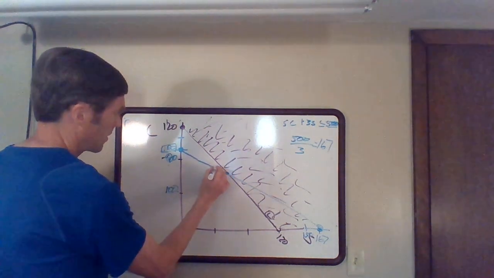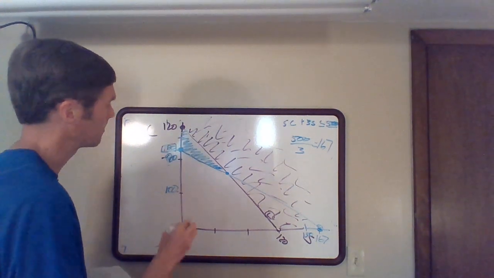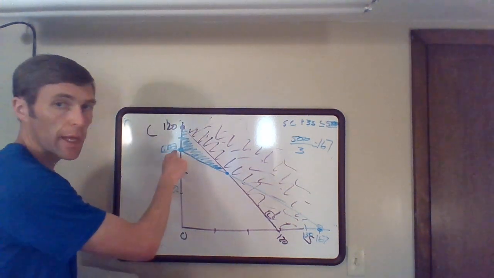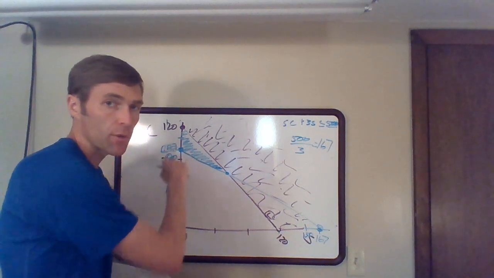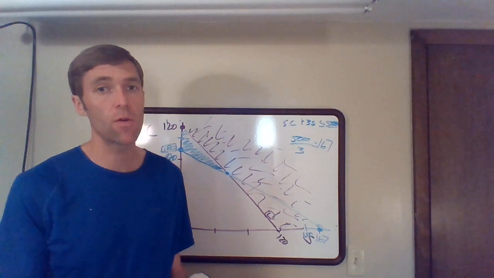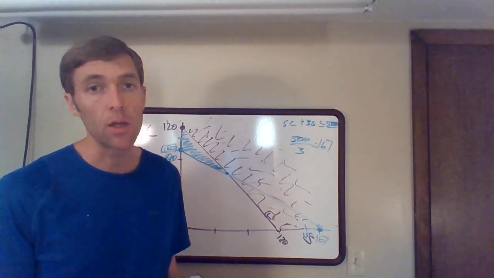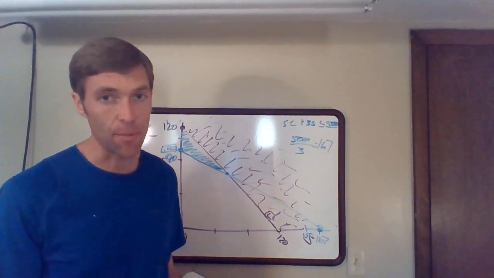However, this goes away. So what this is basically saying is you cannot plant more than 100 acres of corn. If you try to use all of your resources to plant corn, you're going to run out at 100 acres.